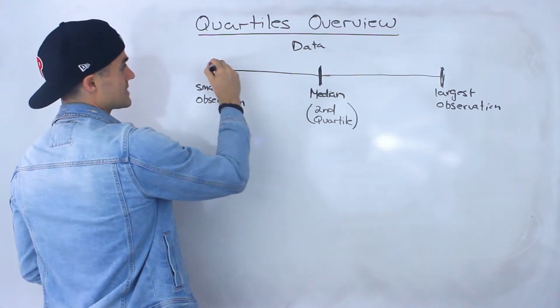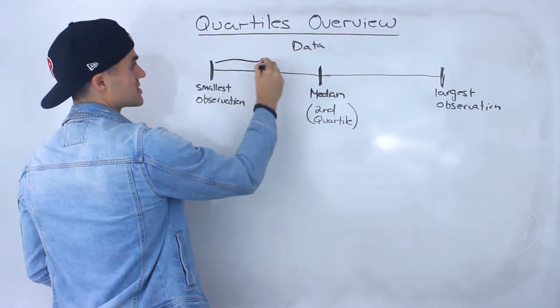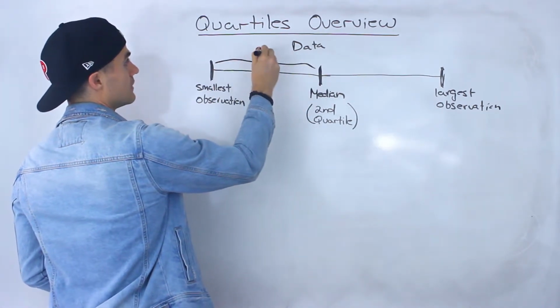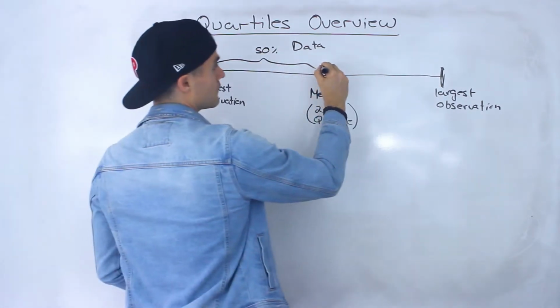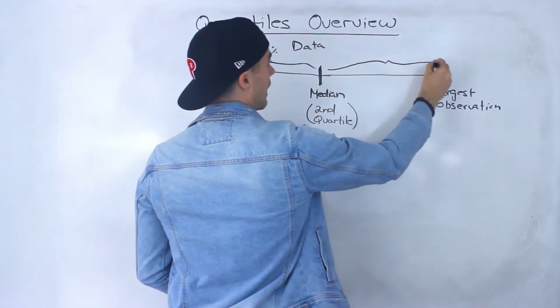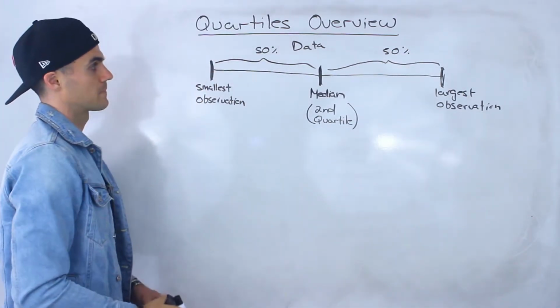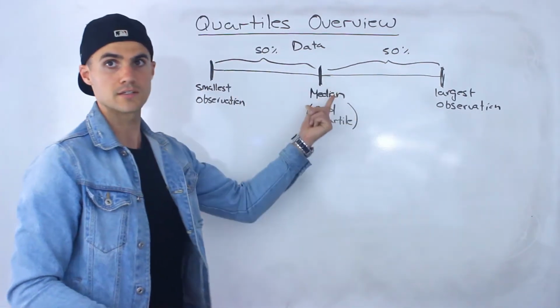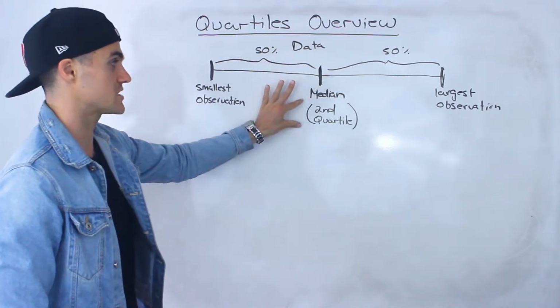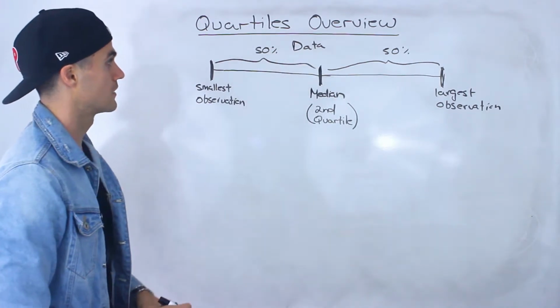So that allows us to split up the data into one half and then a second half, like that. Right? It splits the data up into two halves, and then we have the median, which is the second quartile.